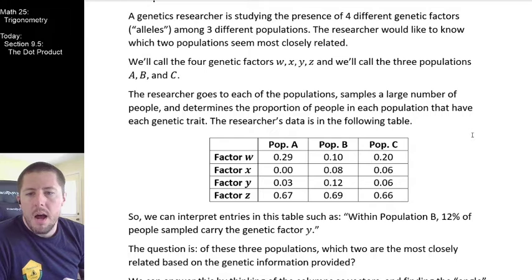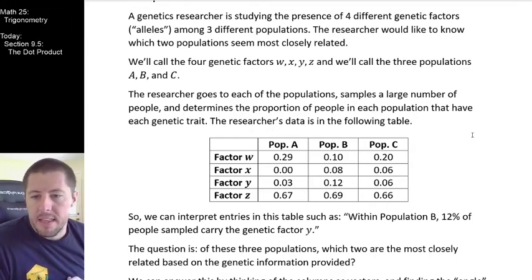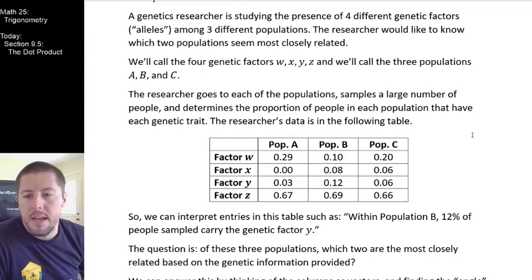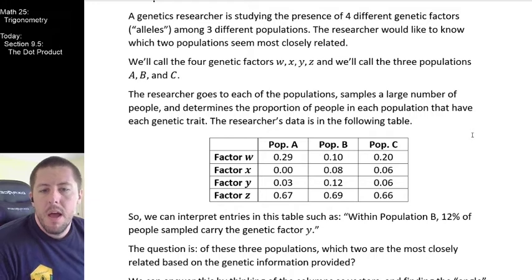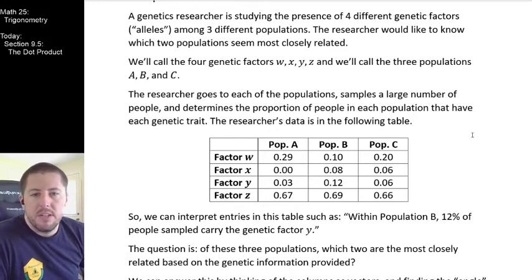And that's purely a genetic thing. Does your DNA tell your body to produce lactase to digest the lactose in your body? Those are the kind of genetic factors that I'm imagining here.